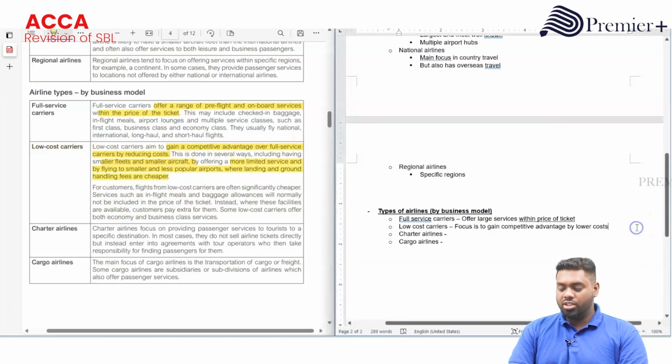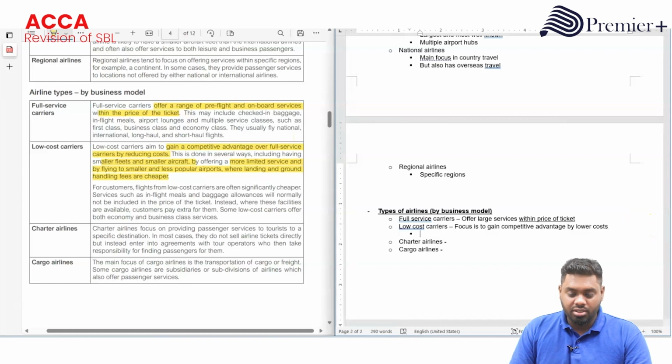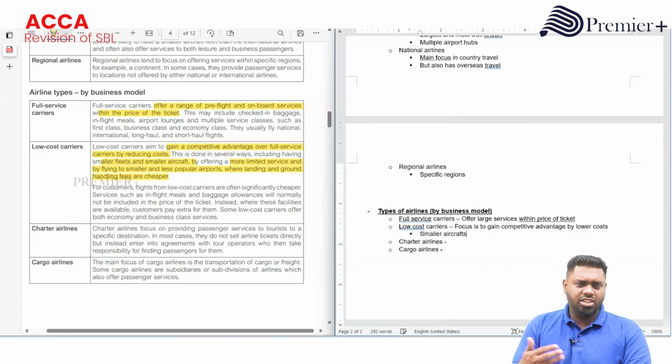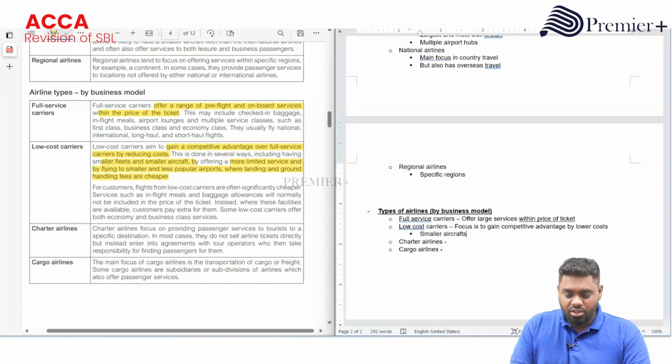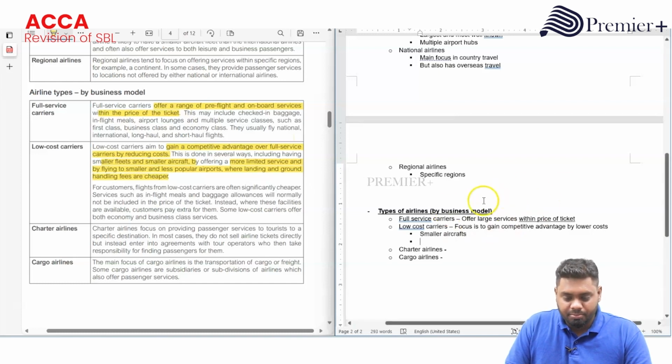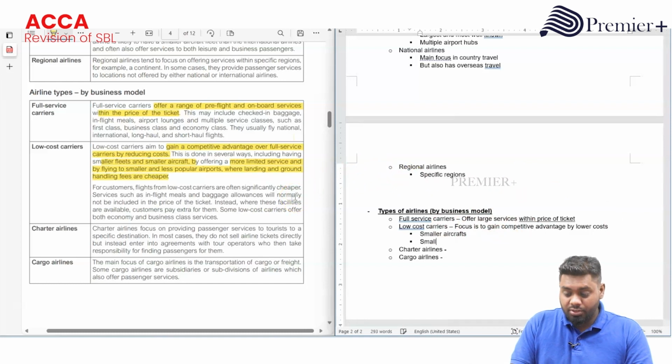So they can look at many aspects. Number one, smaller aircraft. When flights have quite few passengers, it's good to have smaller aircraft. It will save fuel as well. So smaller aircraft and smaller fleets as well, less people.